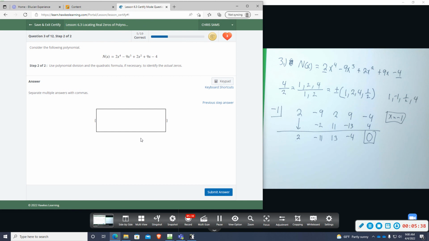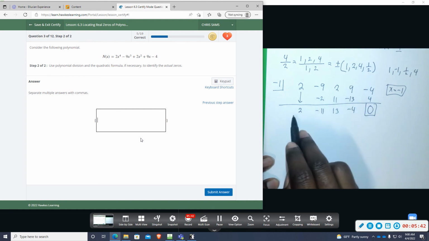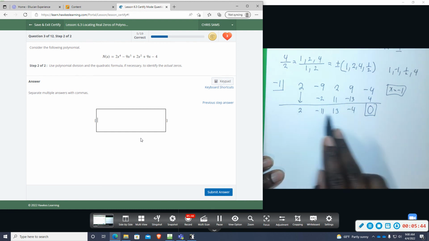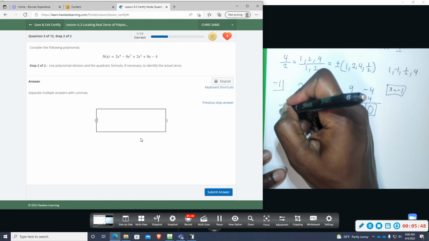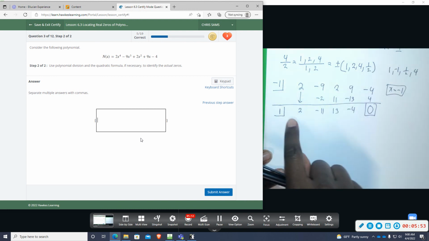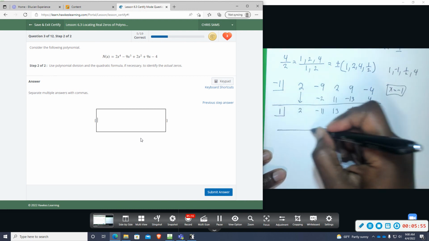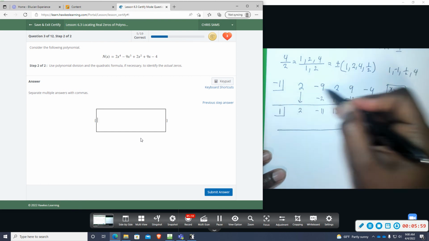And then I'm going to scroll down a little bit. Since I found a 0, I can continue right where I left off. And I'm going to try the next number in the list. I'm going to try 1. So 1 is going to be my box number, and I'll just continue going from right here. And you can do that if you find a 0. If this is not a 0, you have to start over.